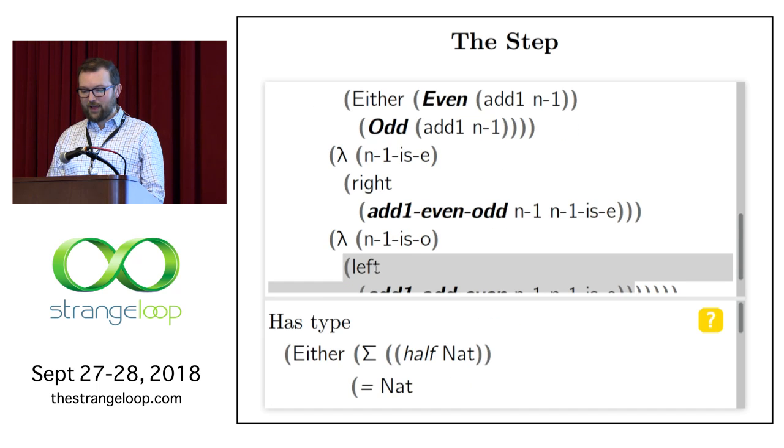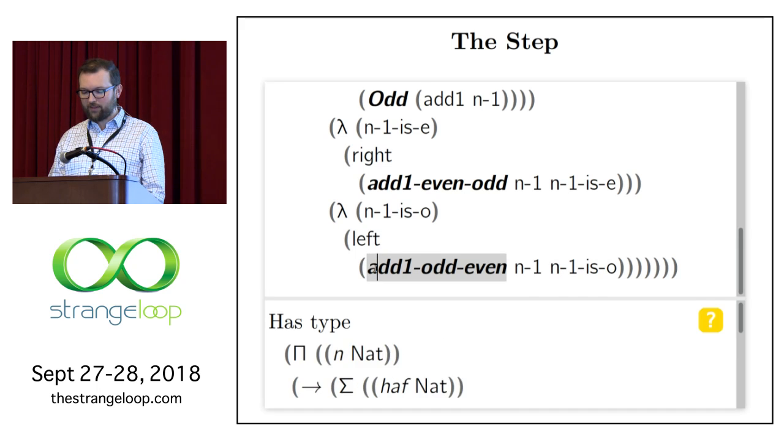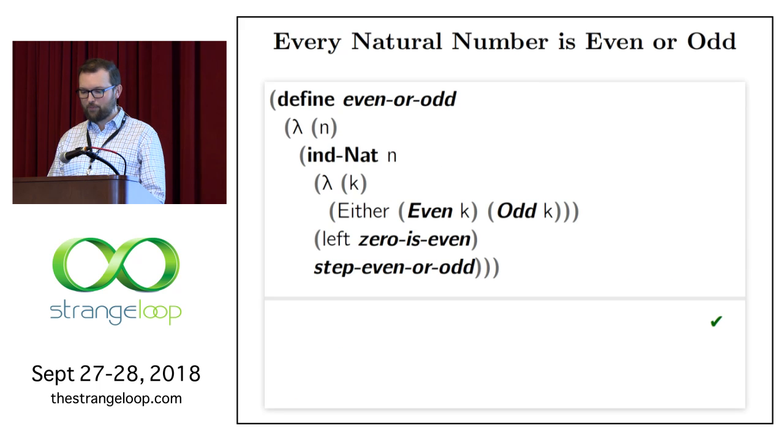Likewise, if n minus 1 was odd, then we know that add 1 of n minus 1 will be even. So we can use this helper, add 1 odd even, to transform evidence that n minus 1 was odd into evidence that add 1 of n minus 1 now is even. And putting all the pieces together, we have our green check mark. We've proven that every number is either even or odd.